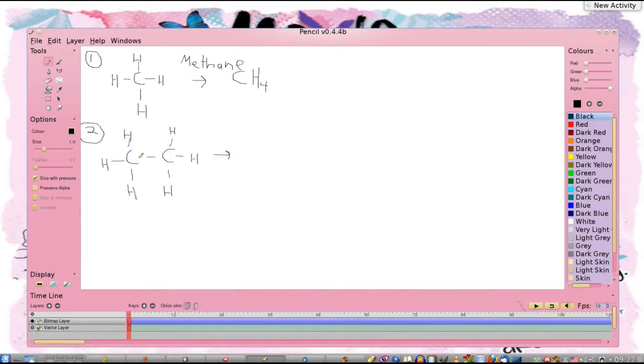Here we count up the number of carbon atoms we have. That's 2 carbon atoms. And then we have 1, 2, 3, 4, 5, 6 hydrogen atoms. And this is ethane.